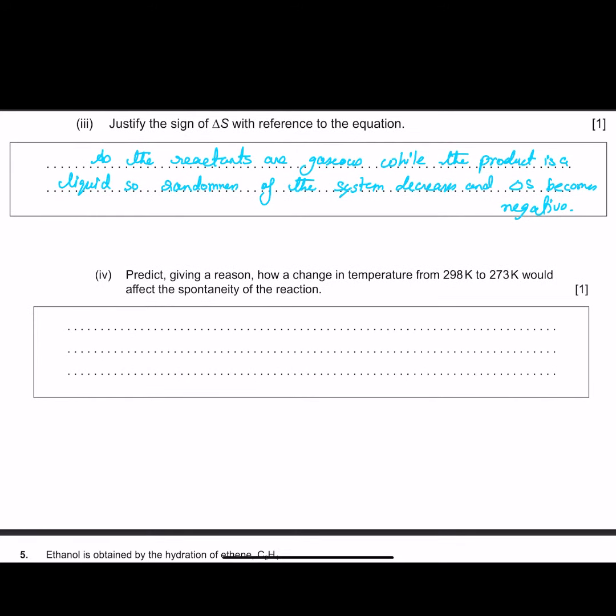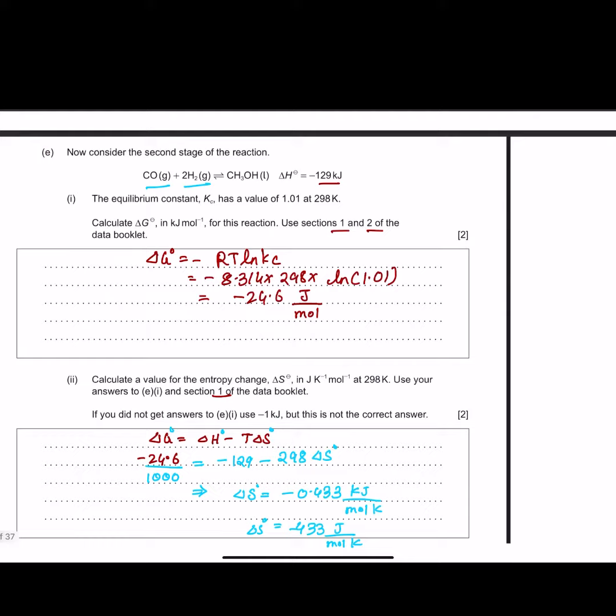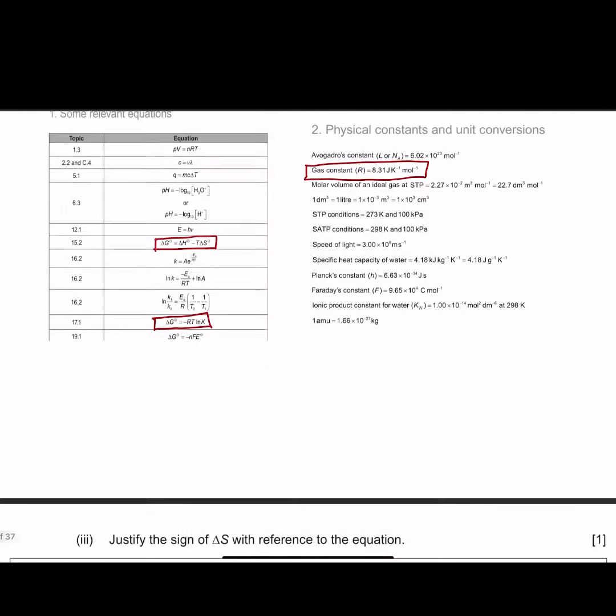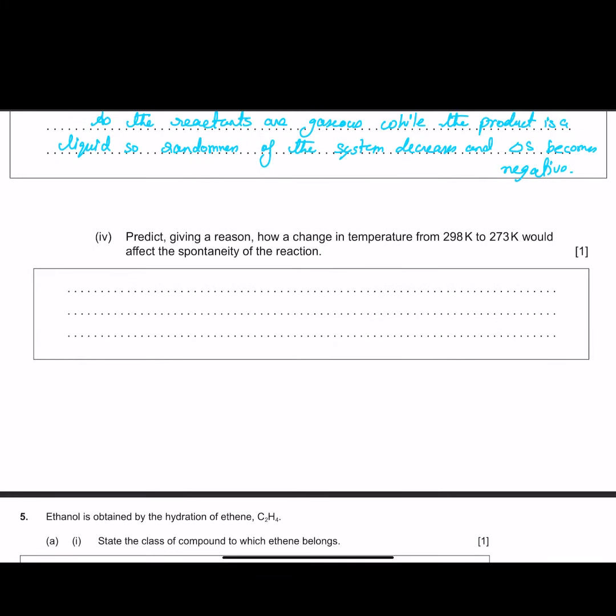Now we have to predict how temperature change would affect the spontaneity of the reaction. Now see, we are decreasing the temperature, and this reaction is an exothermic reaction. So on decreasing the temperature of an exothermic reaction, your reaction will shift to the forward direction. As the reaction shifts to the forward direction, the value of delta G will become more negative, and the reaction will become more spontaneous.